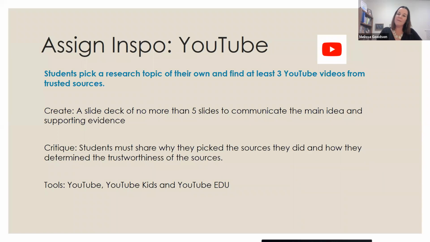So try to get them to understand what would be credible, what would be trusted, but having them see videos as a source, creating a deck of slides here, right, to communicate a main idea and some supporting evidence related to your research topic. And then ultimately, the biggest thing here is having students share why they picked those sources and how they worked through that to figure out if it's trustworthy or not. I think that is key to this assignment topic idea.